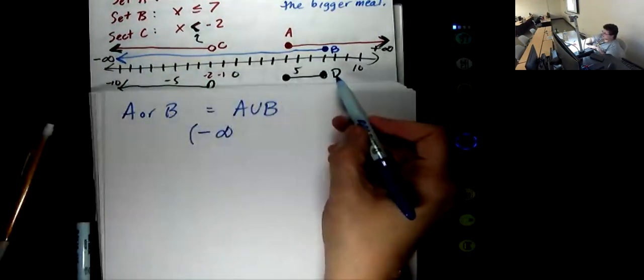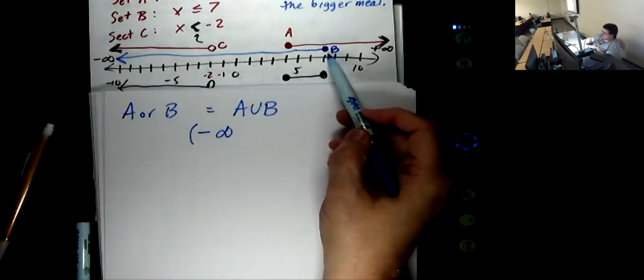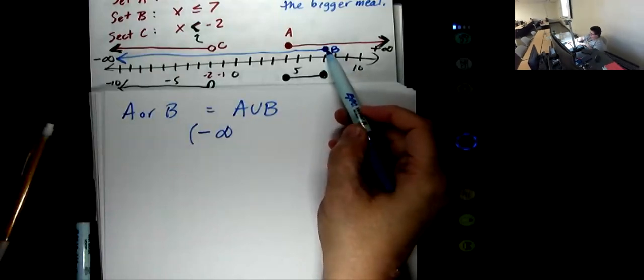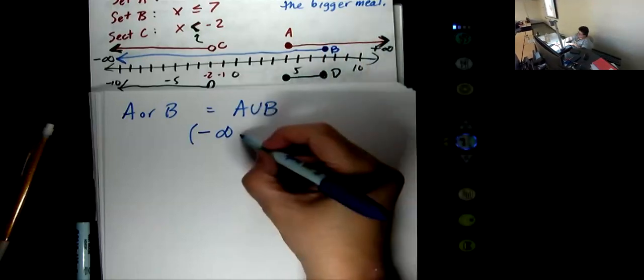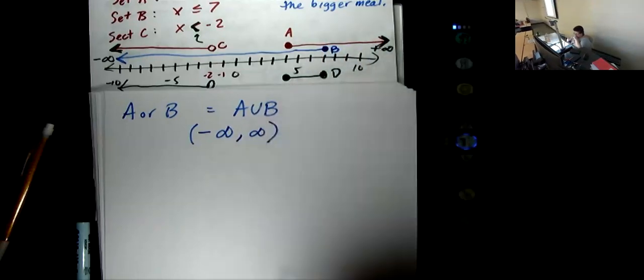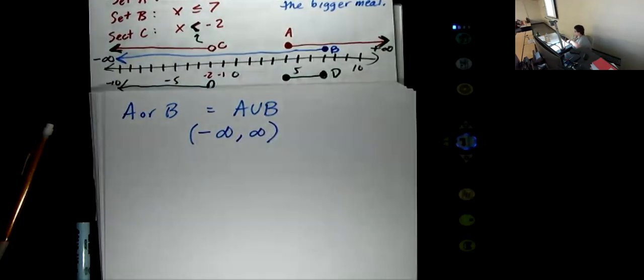It goes all the way up. It gets to 7 where B ends, but A has already started, so we continue along with A. And A goes all the way to infinity. So it's negative infinity to infinity.